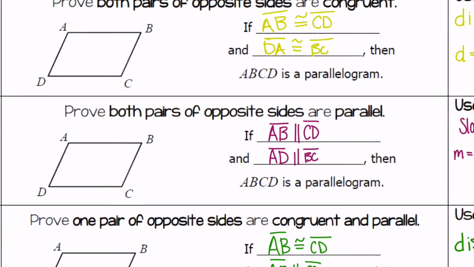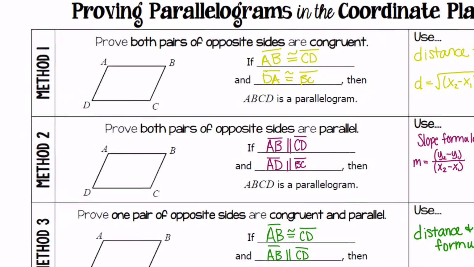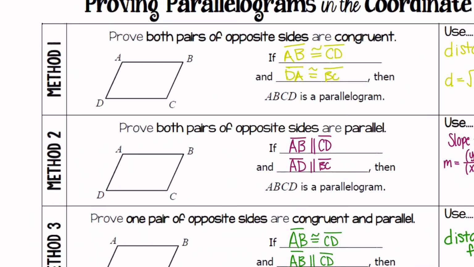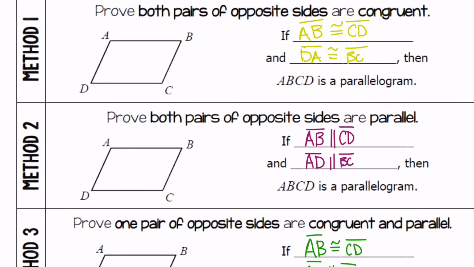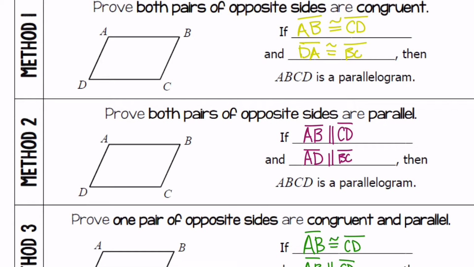We can prove a polygon is a parallelogram by using points in a coordinate grid. There are 3 different ways we can do this. Method 1 is we can prove both pairs of opposite sides are congruent.